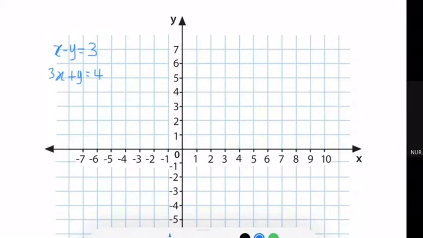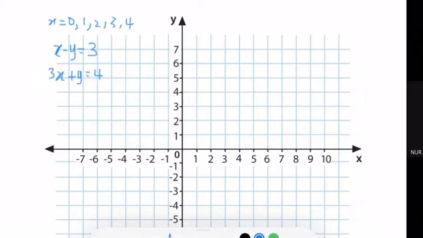Cuba lukis graph ni. Nak lukis value dari mana? Ambil value dari 0 until 4. The values of x, you take x equals 0, 1, 2, 3 and 4 untuk dua-dua graf ni.